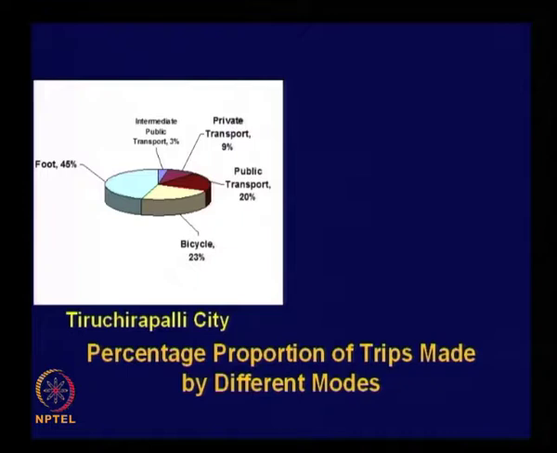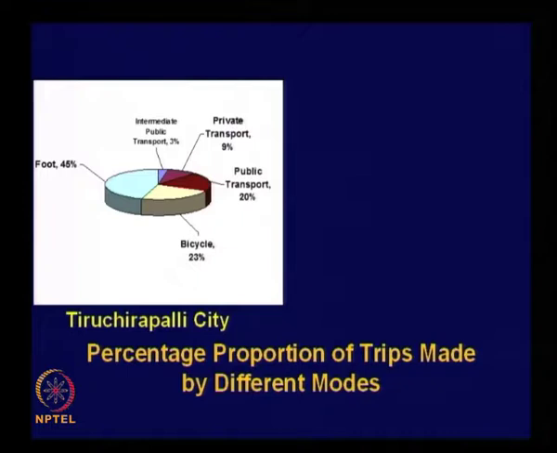One important point to be noted here is, trips made by foot constitute a major chunk of the total, 45%. This is an extreme case. Normally, trips made by foot in most Indian cities will be around 30%, 25 to 35. This is an extreme case mainly because of the fact that I mentioned earlier.